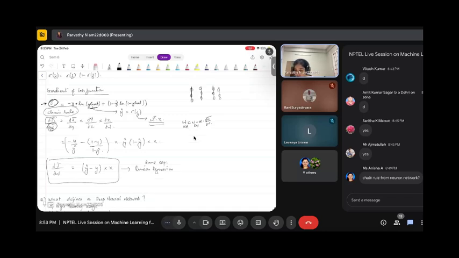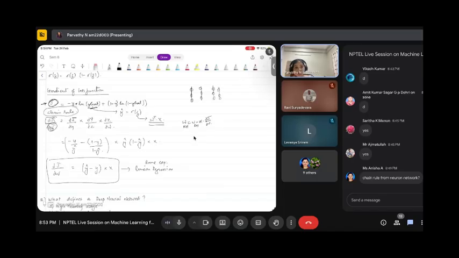This is discussed in the video where they show a few layers, and the last layer's dou J by dou w is calculated, and then step by step the gradient calculations are done. Since this chain rule was already discussed, I didn't discuss it explicitly.